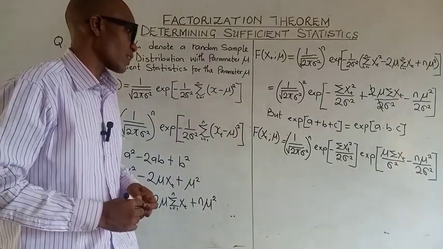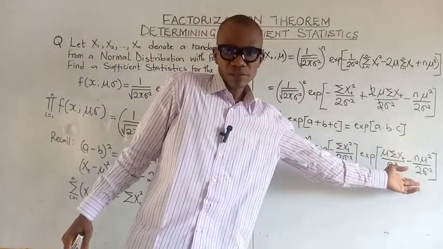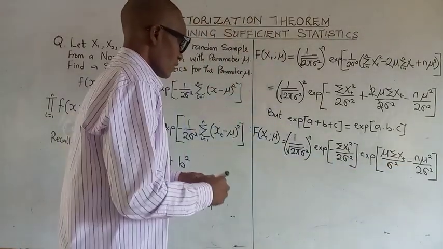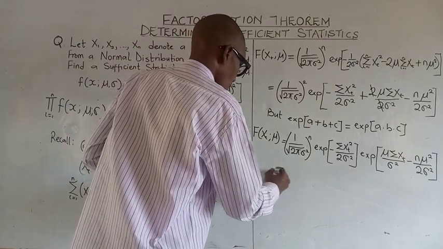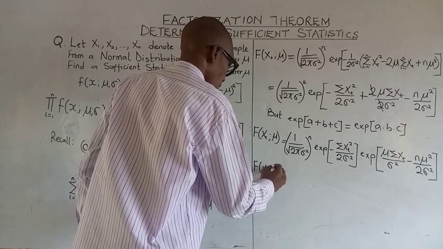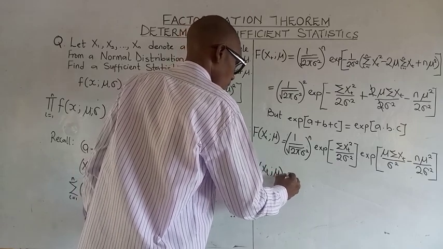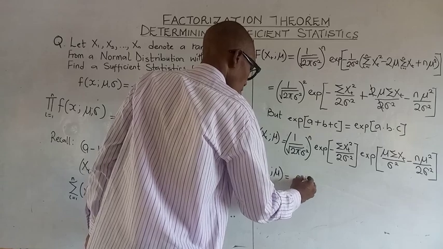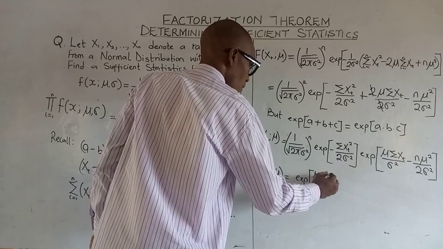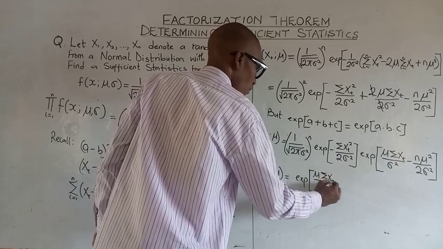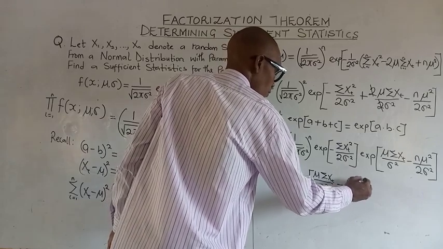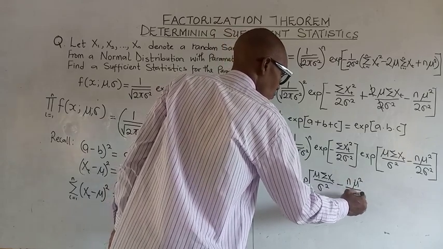How do we now factor it out? We just bring this one side and put these other ones to the other side. It will be f of x_i and mu is equal to exponential, for the first component, we have mu summation x_i over sigma squared minus n mu squared over 2 sigma squared.